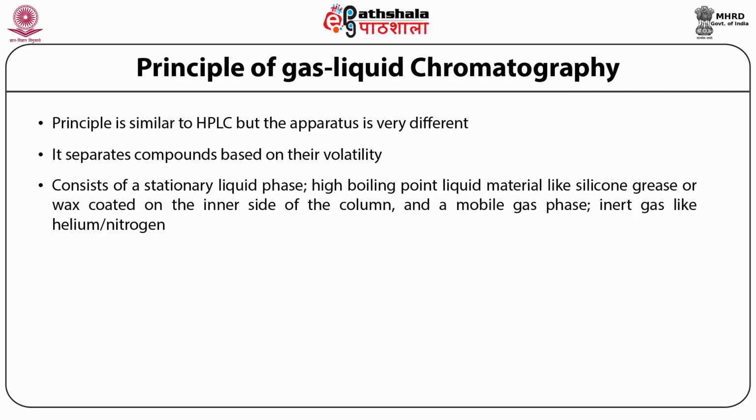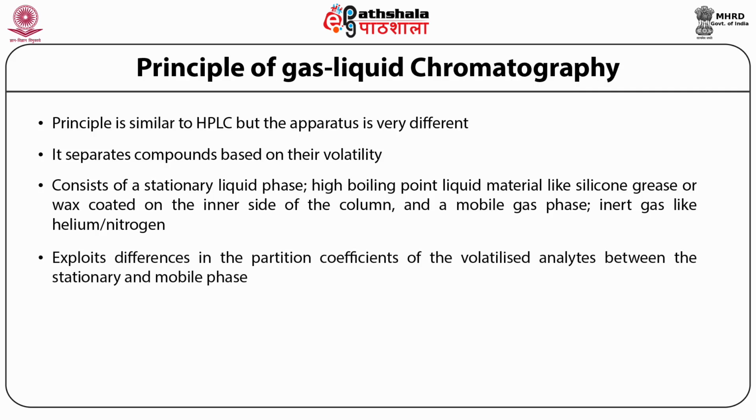The separation is based upon the partition coefficients of the volatilized analytes, which means that the time that the volatilized analytes will spend between the stationary and the mobile phase will decide which compound will be carried faster by the carrier gas.